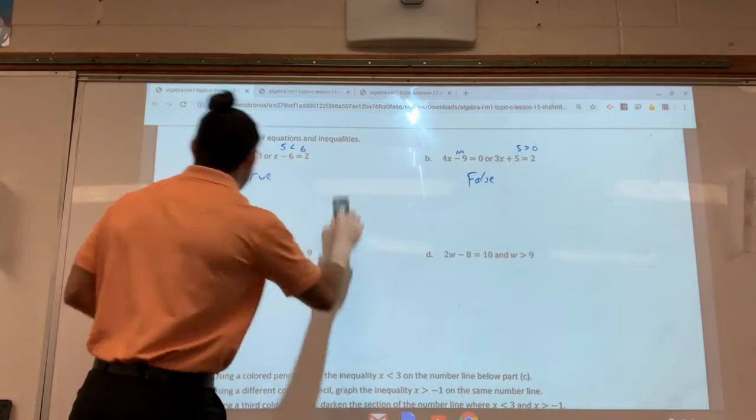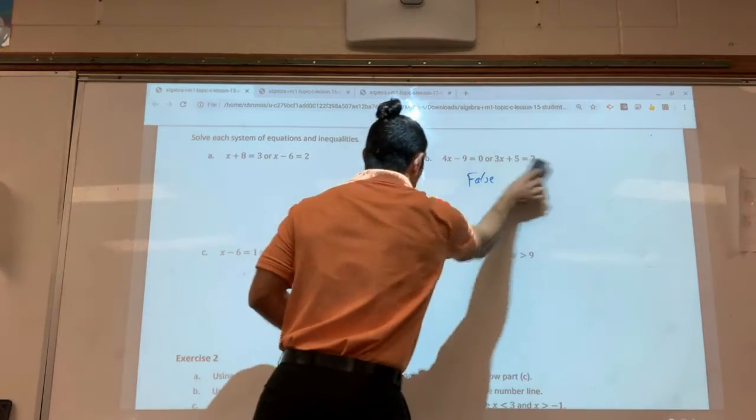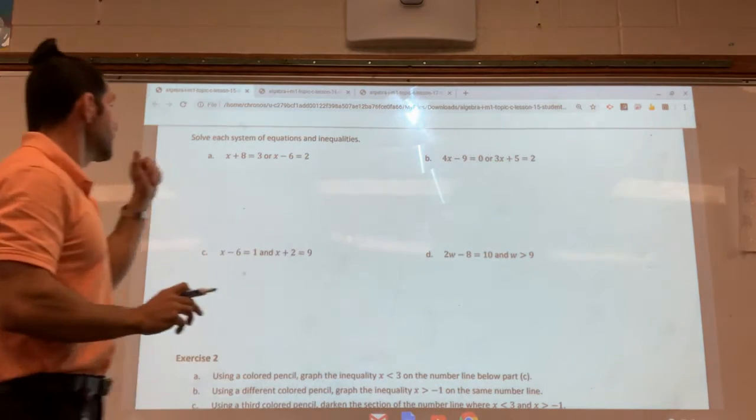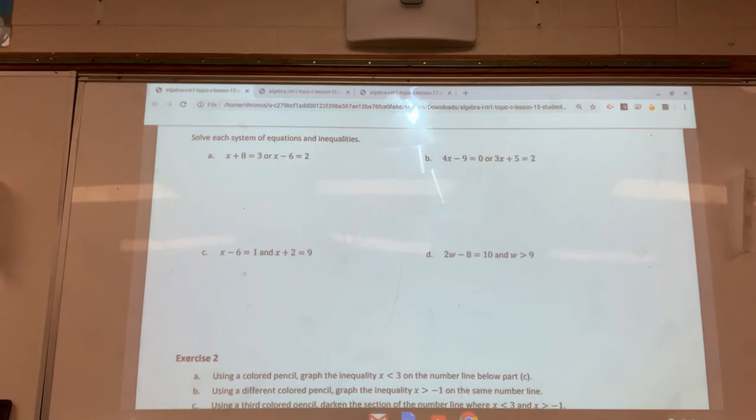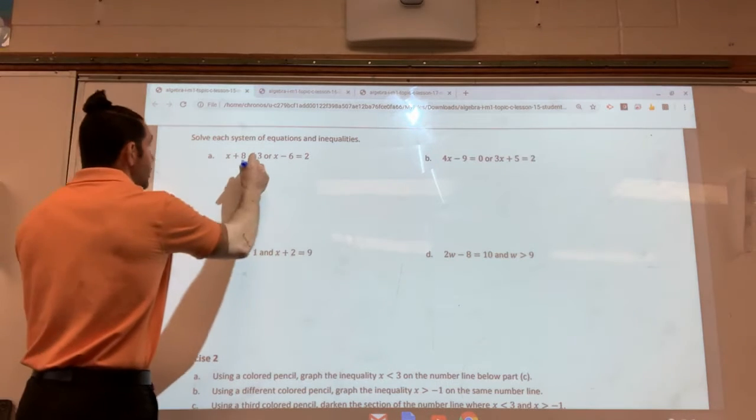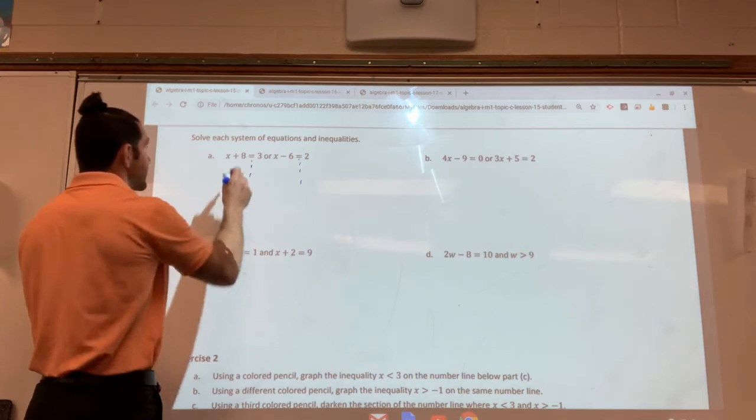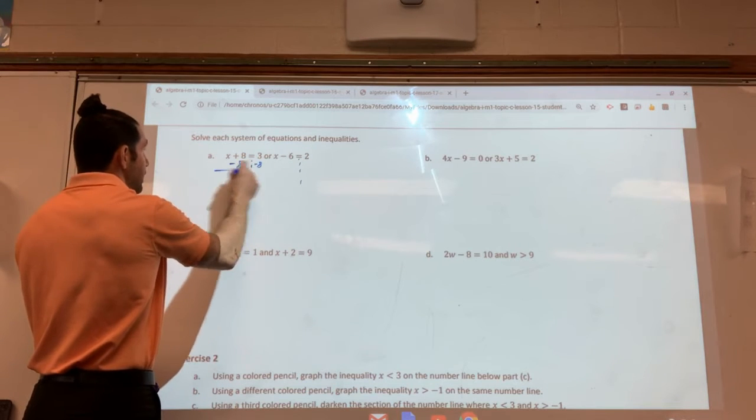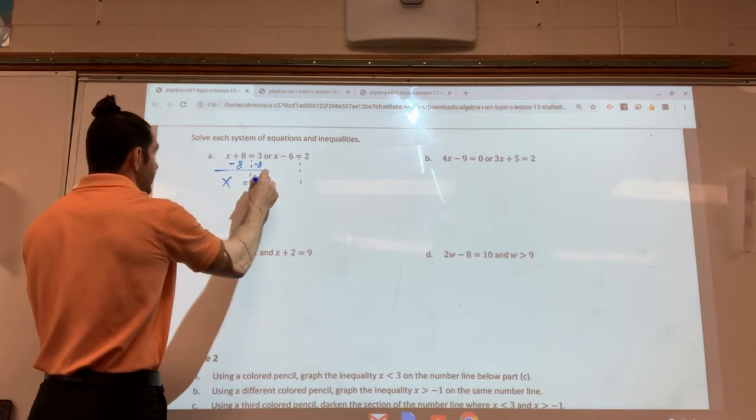So solve each system of equations or inequalities. So x plus 8 equals 3, or x minus 6 equals 2. For a lot of these, for the "or" questions, we're going to have two answers. For the "and" questions, we're only going to have one. So I'm going to solve each individual equation by itself. So I subtract 8. That leaves me x equals negative 5.